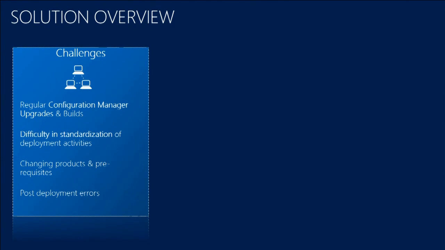And the next one is changing products and prerequisites. When we started building the solution, we started with a basic workflow model that worked for the preliminary version, say .NET 3.5 or 4. But then we saw that we need to accommodate the upcoming versions too. So we made our scripts as well as the workflow model version agnostic.